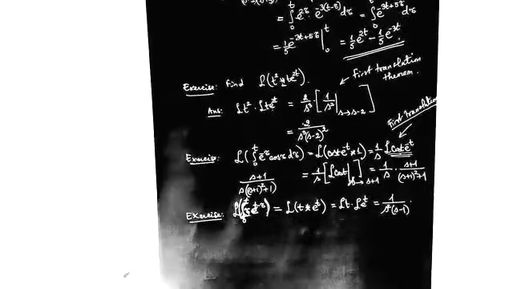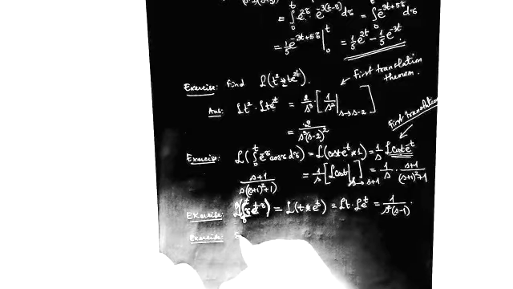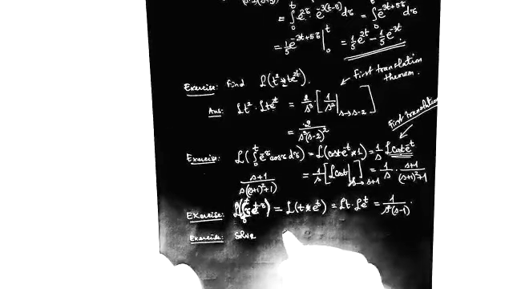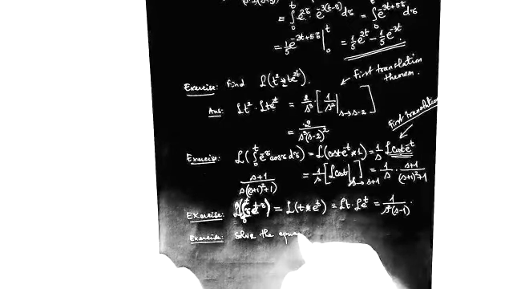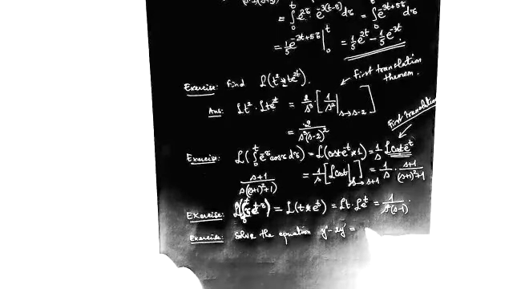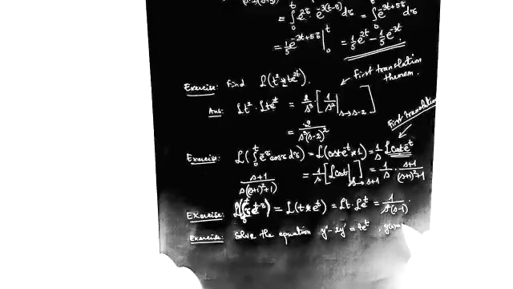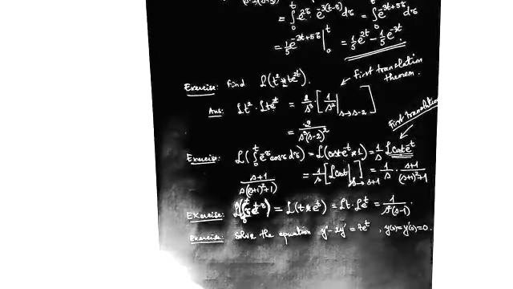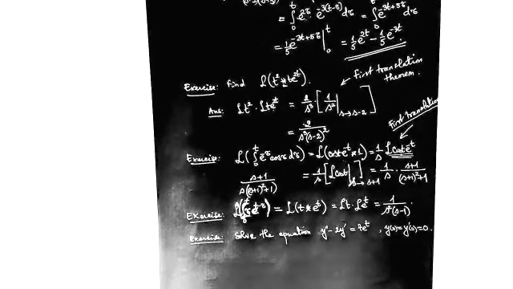Let me get you to think about this one. Solve the equation, second derivative minus twice the derivative equals t e to the t, where y of 0 equals y prime of 0 equals 0.